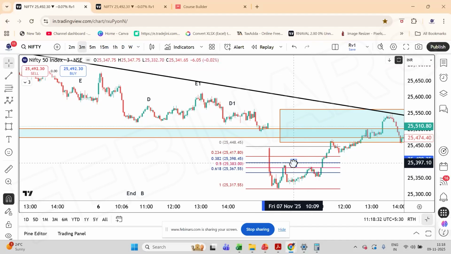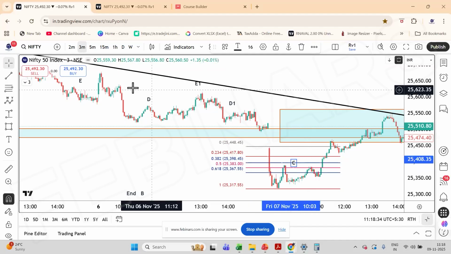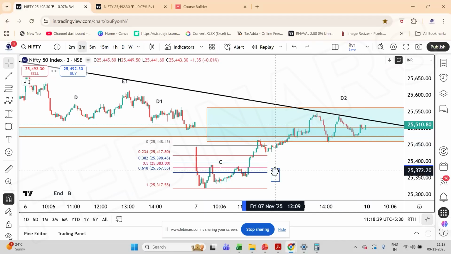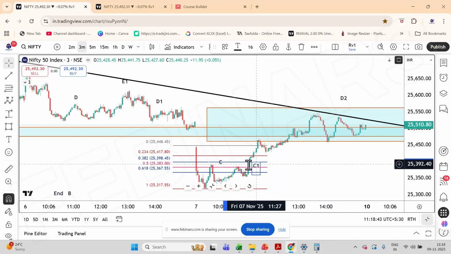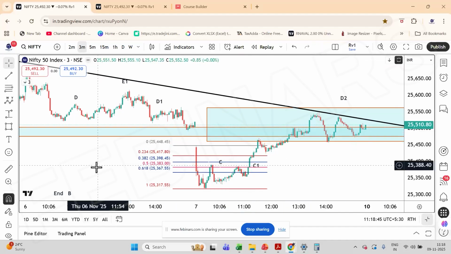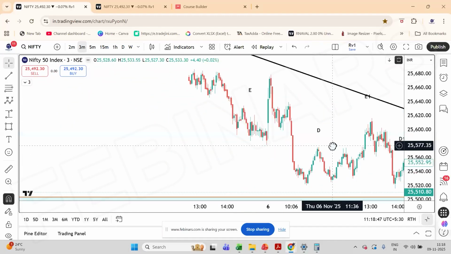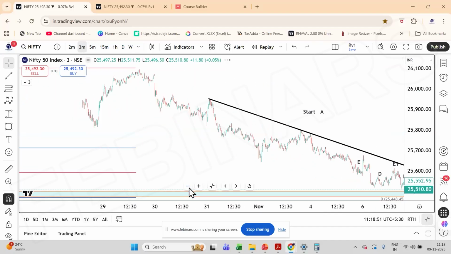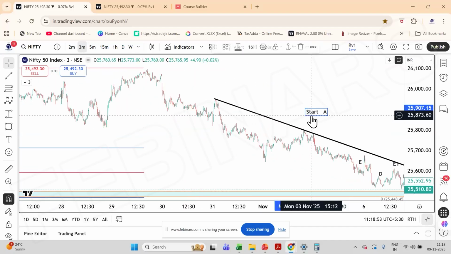So multiple C's have been marked here. C1 is a breakout point. Let us take it as, we need A and B also.